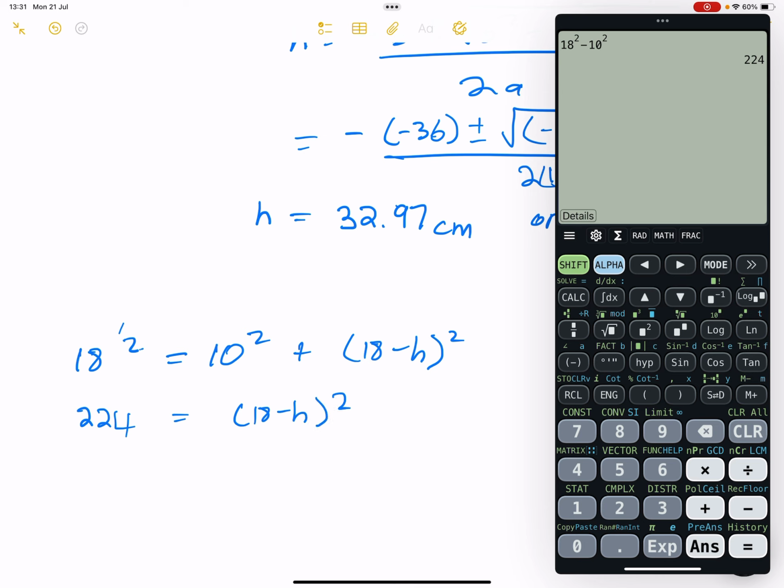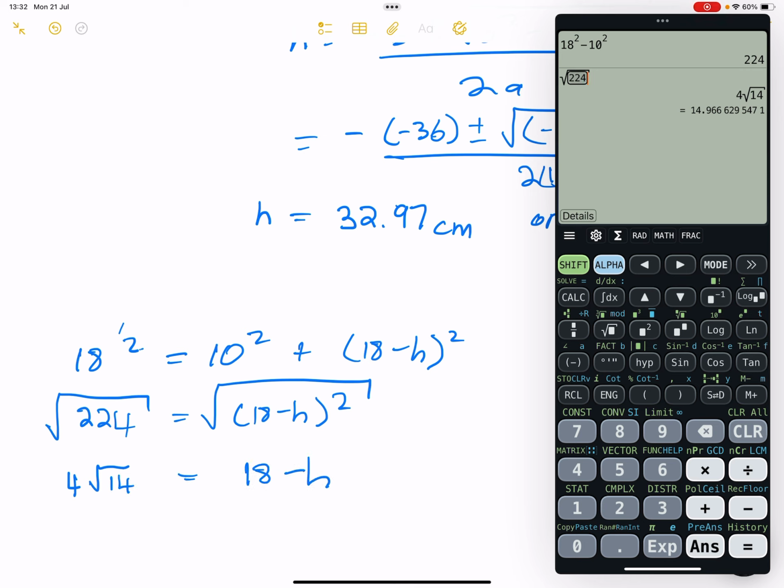And if I take the square root on either side, the square root of our answer, I've got 4 root 14, and this would be 18 minus h. Right, and of course you've got plus or minus, isn't it?